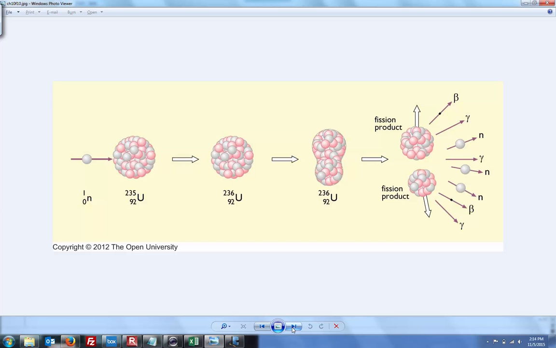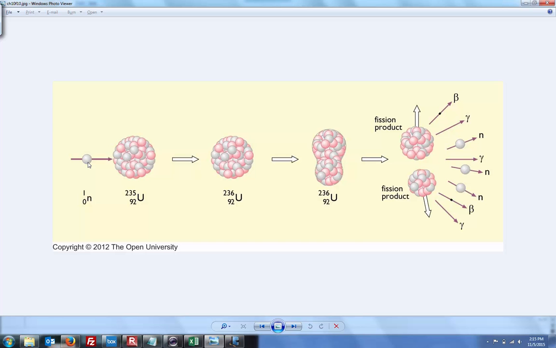Okay, so what we're mainly looking at the moment is fission. We talked a little bit already about neutrons being ejected from nuclei. In this case, what we're looking at is a uranium-235 nucleus.